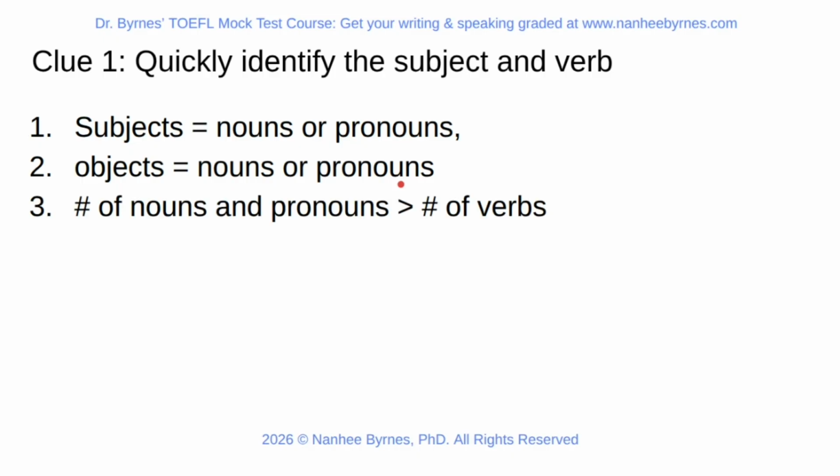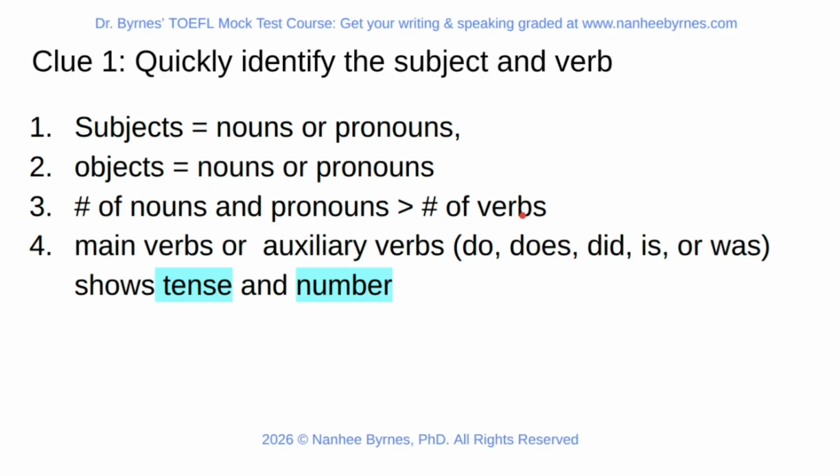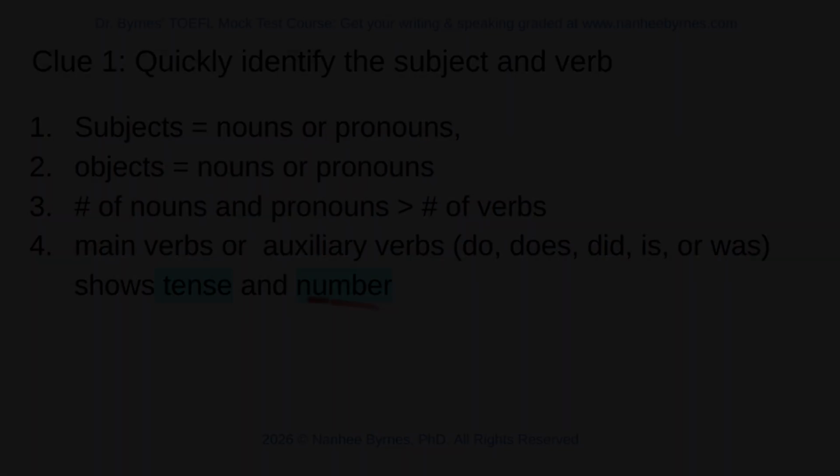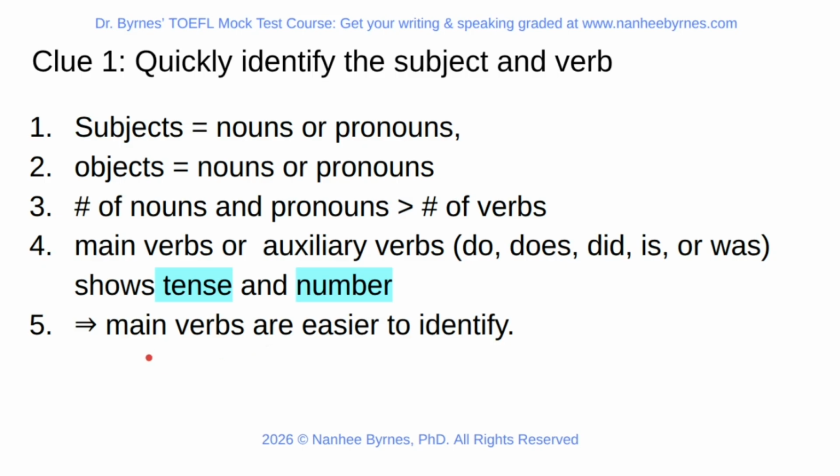Verbs are usually fewer in number, so they are often easier to identify. The main verb usually shows tense or number agreement, often with auxiliary verbs such as do, does, did, is, or was. These words are very helpful clues when you are trying to identify the main verb.